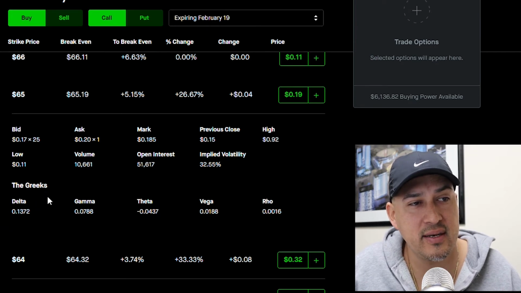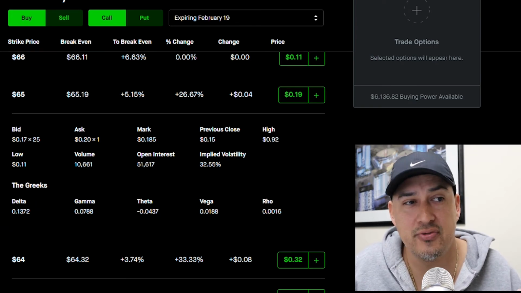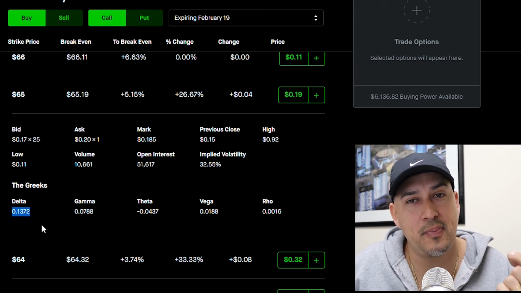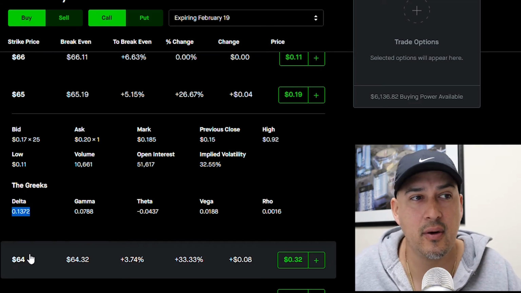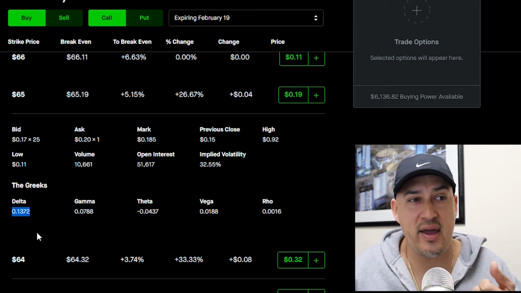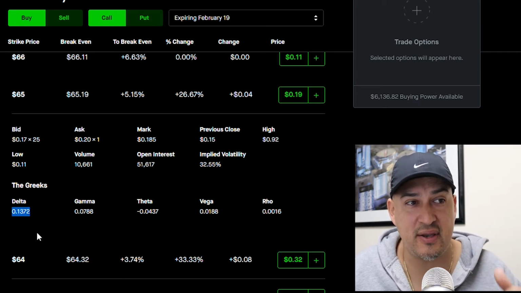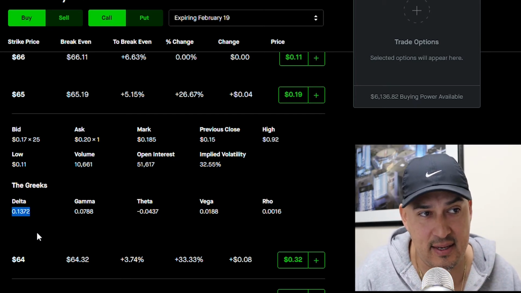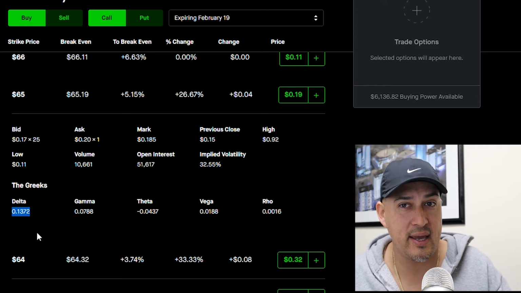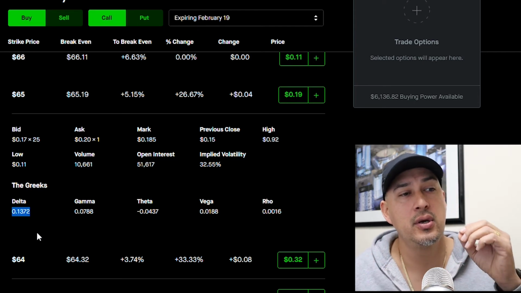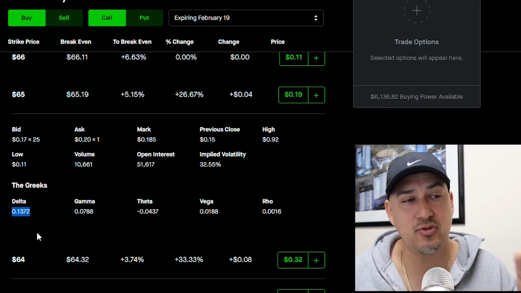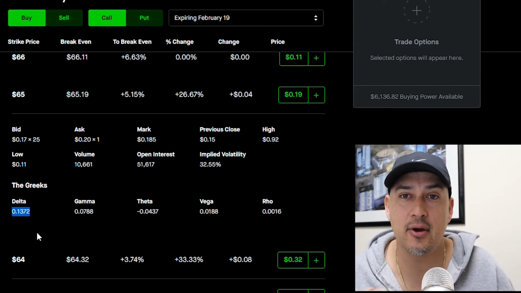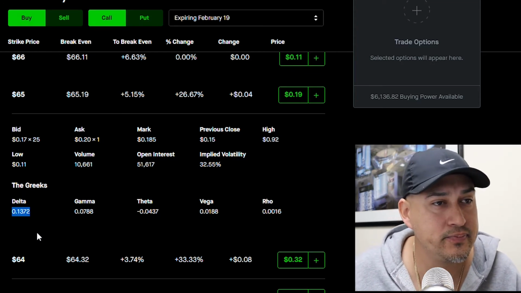It's 0.13, but you're multiplying that times 100, right? This delta right here. So when you multiply that times 100, that's $13. That means for every dollar that it goes up, so say for example you bought it at 60, now it's at 62, it went up $2, it goes up $13 per contract. You bought one contract, so it'll be 13 and 13, 26. Now you're up $26, okay?